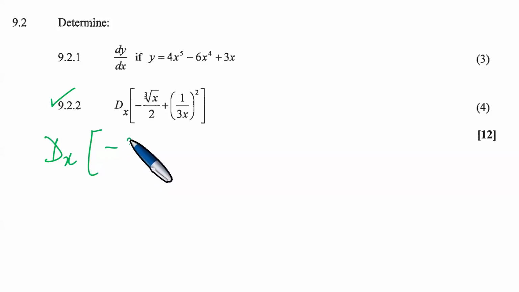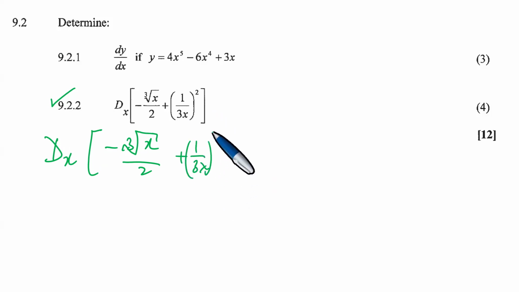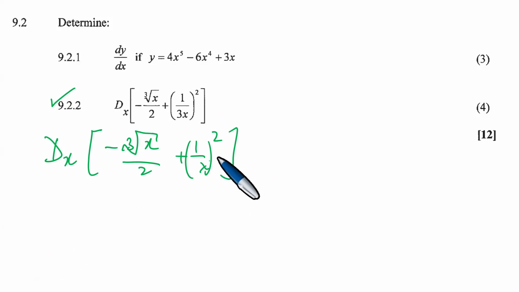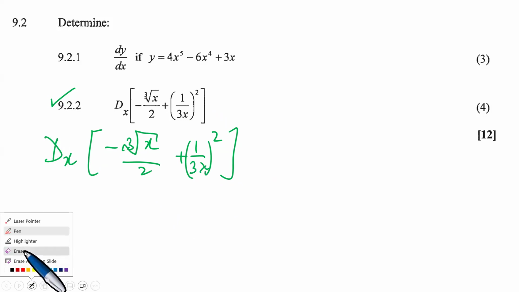And this is minus the cube root of x out of 2 plus, you square everything here, and if you square everything, you can still write it as this, and this is what you get. Now pay attention, because we're going to decipher this, but also we're going to analyze this to its simplest possible terms.